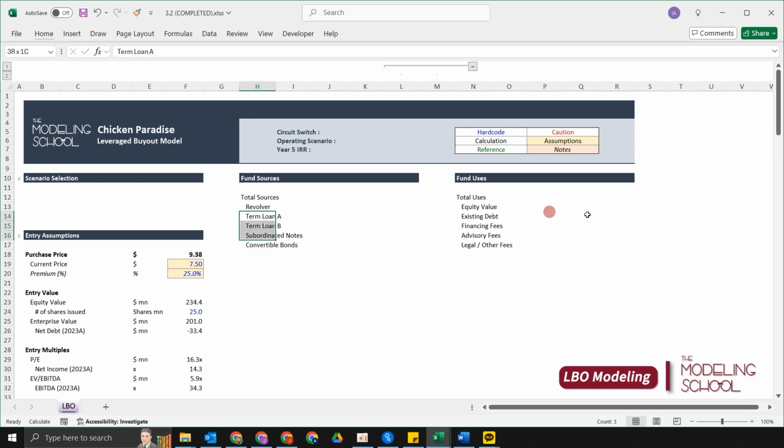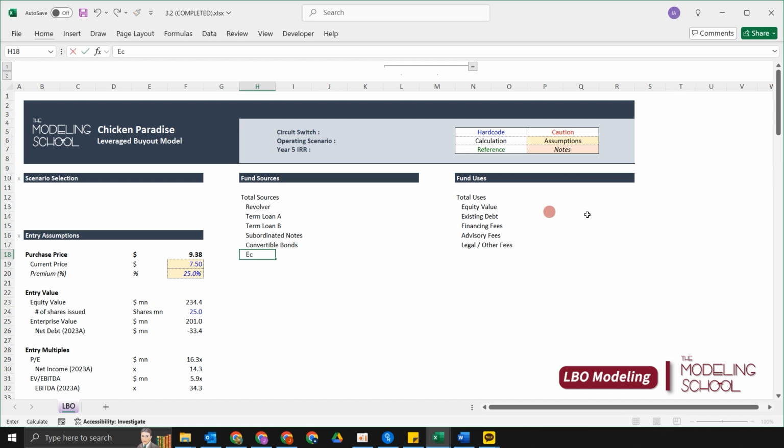So we're trying to include many different types of sources just for practice purposes. If you actually see the results, we don't really need this many different types of fund sources, but for practice purposes we're going to diversify the fund sources.